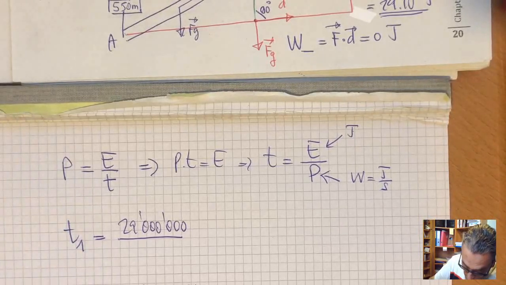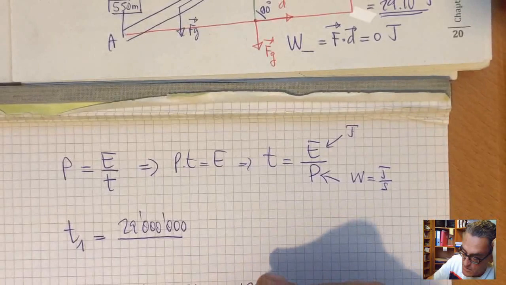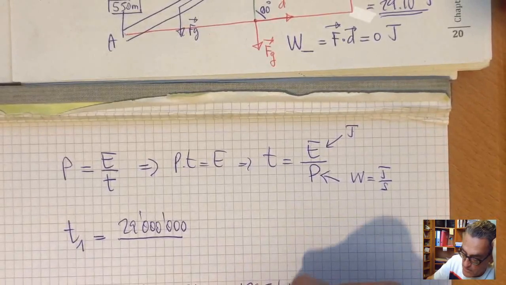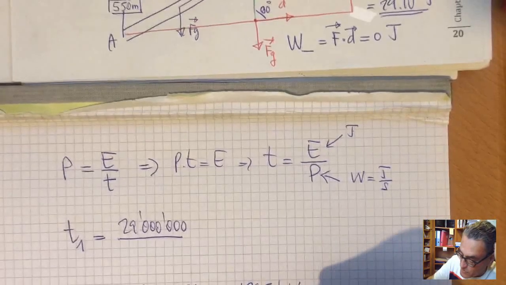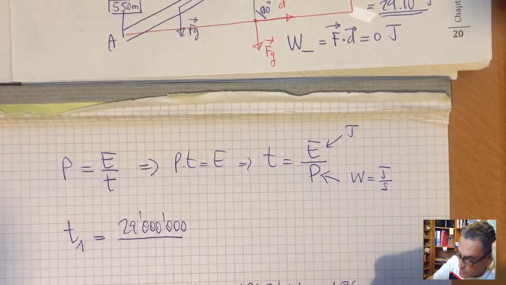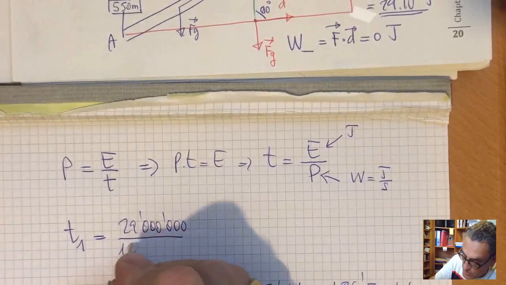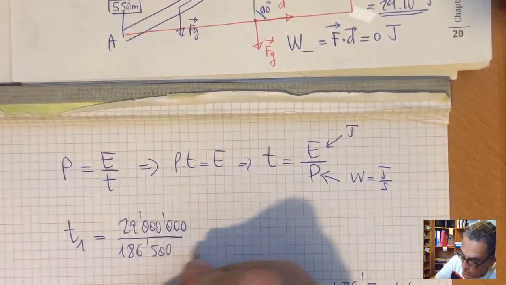It's giving us 186.5 kilowatts. Now I'm going to write that in watts, not in kilowatts. So this is 186,500 watts.